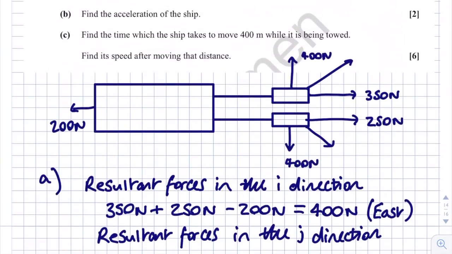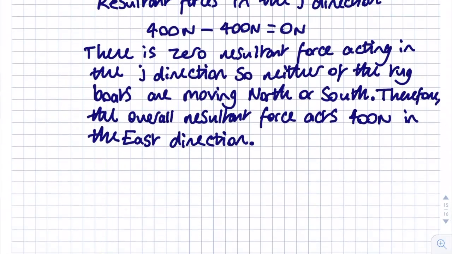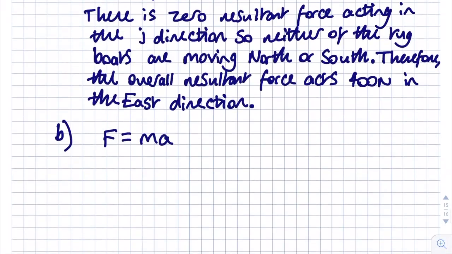Now, part B says find the acceleration of the ship. Now, using Newton's second law, we know that force equals mass times acceleration. Well, the total resultant forces in this case, we know are 400 newtons acting eastwards. So we can say we've got total forces of 400 newtons.